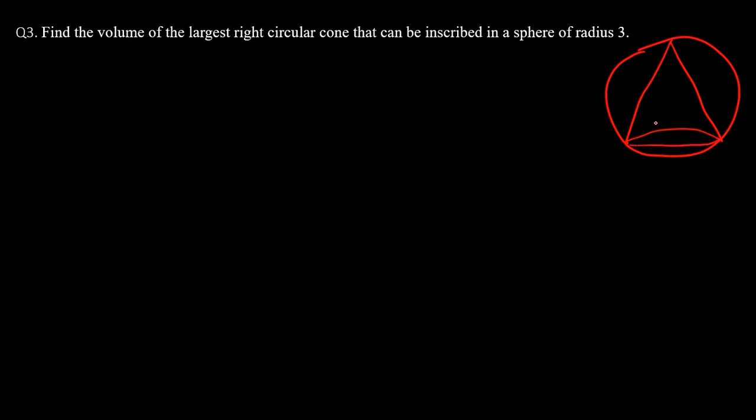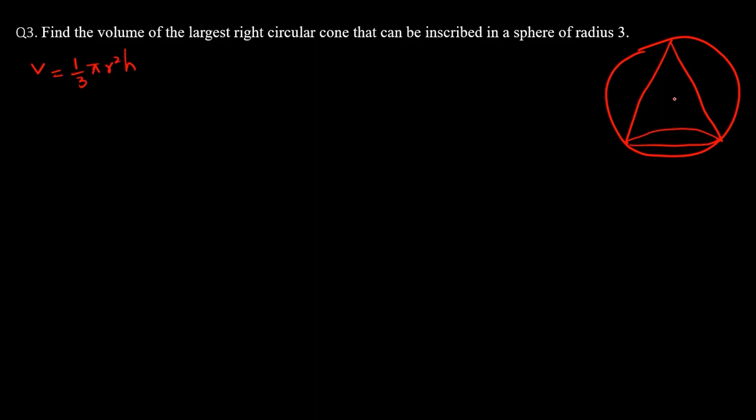Okay, so the volume of the cone is V equals 1 by 3 pi r square h. So here we need r and h, but we are only given the radius of the sphere. We are not given the radius or height of this cone.